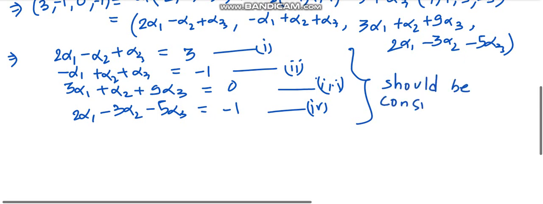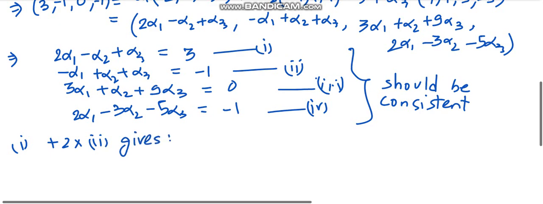Now let us do some arithmetic here. So equation 1 plus 2 times equation 2 gives alpha 2 plus 3 alpha 3 equals 1, because alpha 1 cancels off.